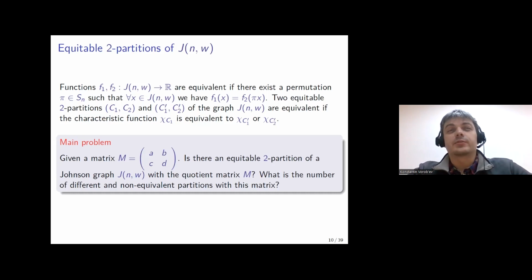And we say that two equitable two-partitions C1, C2 and C1', C2' of the Johnson graph are equivalent if the characteristic function, say, of C1 is equivalent to the characteristic function of C1' or C2'. The main problem can be formulated as follows. If we have some quotient matrix, the question is: is there an equitable two-partition of the Johnson graph with this matrix M? And if yes, then what is the number of non-equivalent partitions with this matrix, or the number of different partitions with this quotient matrix?